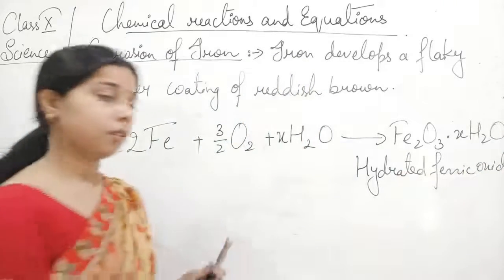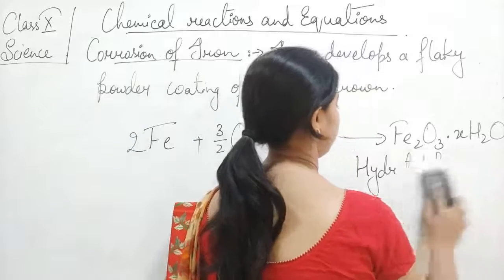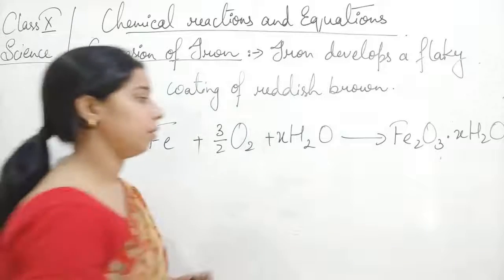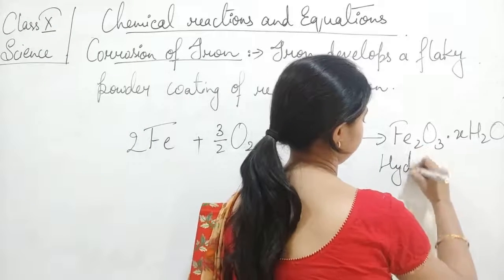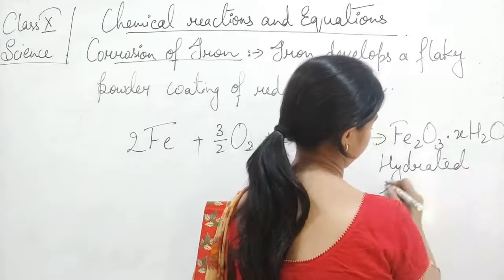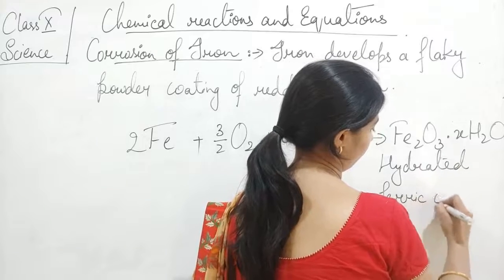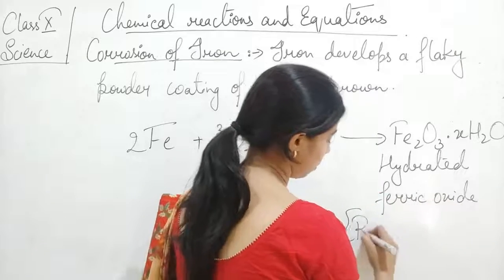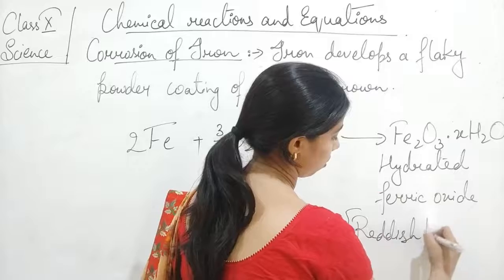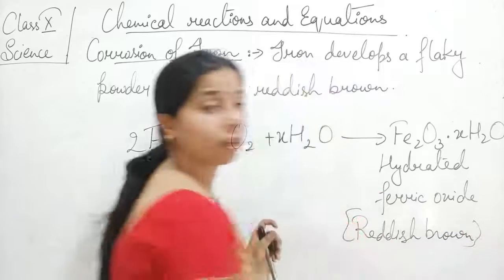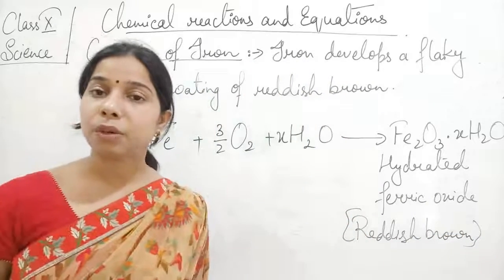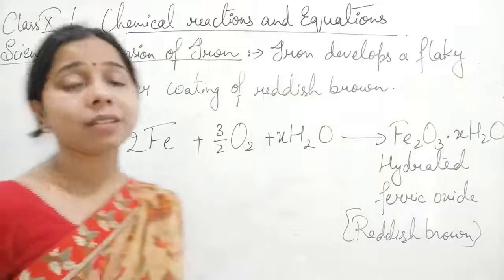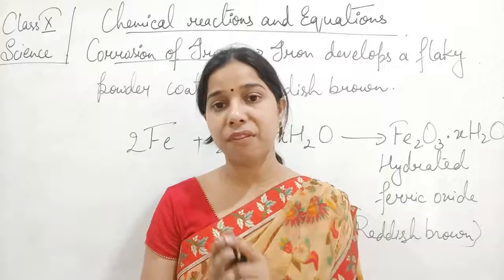Let me write it here. Okay, this is in the reddish brown color. So you can see here, students, this is also an example of corrosion of iron.